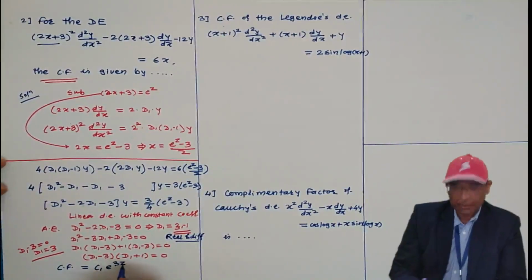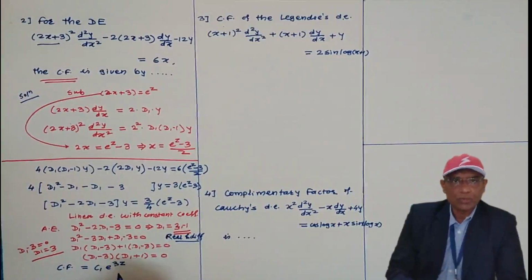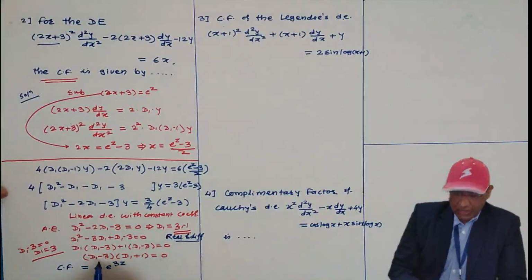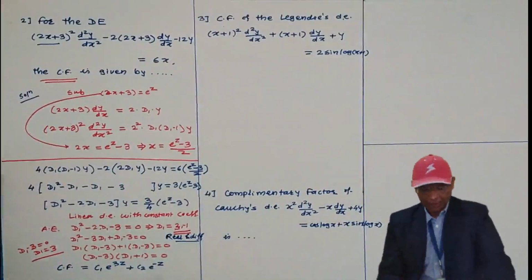Here variable is z. Previously, linear differential equation with constant coefficient, which we have discussed in first video of MCQ, their variable was x. Here d1 is derivative with respect to z. Therefore, c1 e to the power 3z plus c2 e to the power minus z. This is the complementary factor.